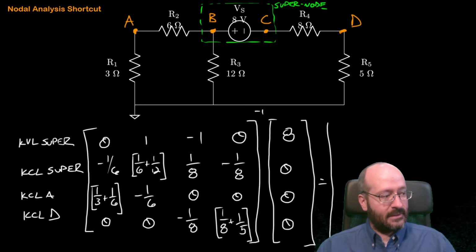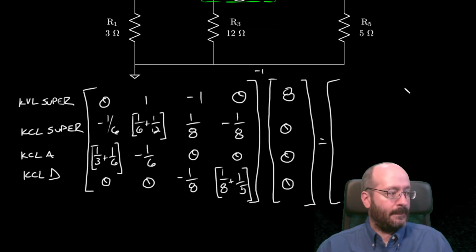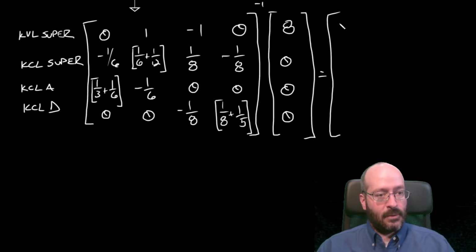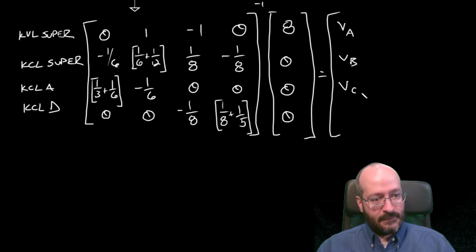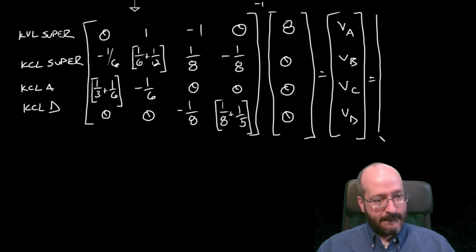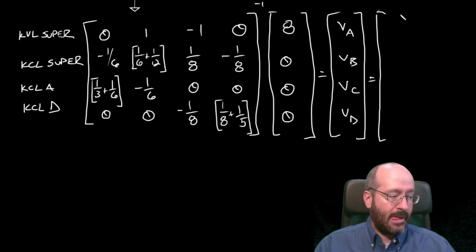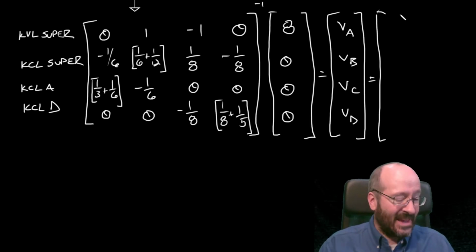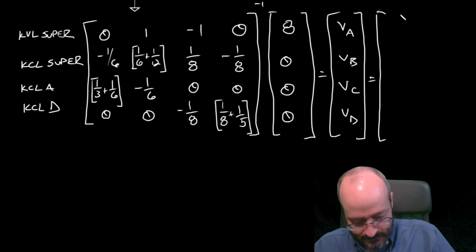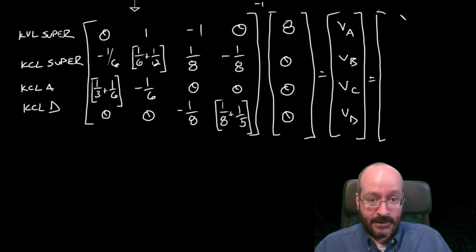Okay, solving that. We're going to find VA, VB, VC, and VD. And we get something that looks like that. Let's see what that looks like. 0, 1, negative 1, 0, and 8.